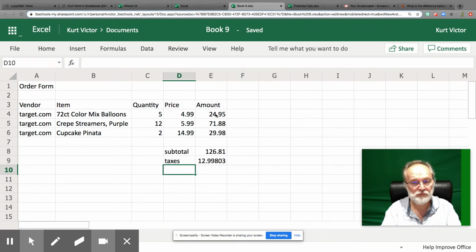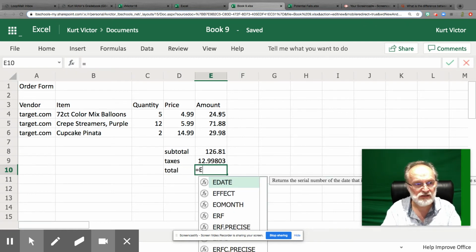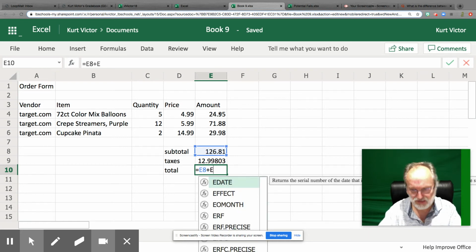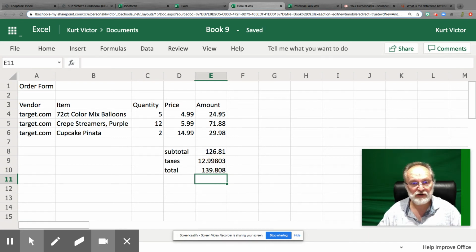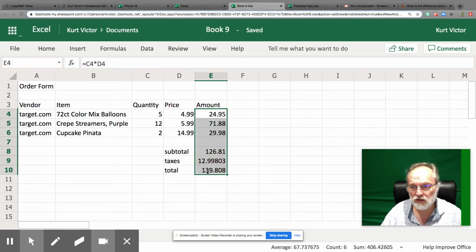And then we're going to put our final total, which is going to be our subtotal, which is cell E8, plus the taxes, which is E9. And that's going to end up rounding off to $139.81. By the way, the price numbers and the amount numbers are all money.